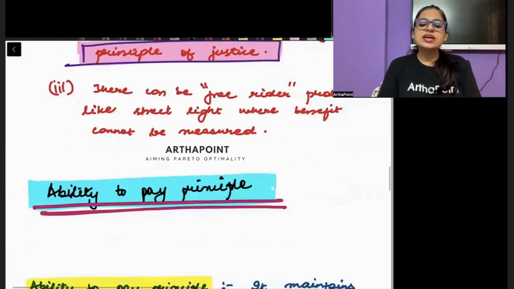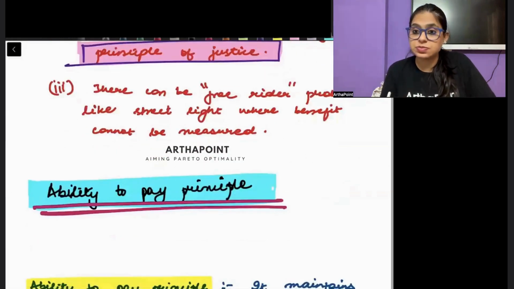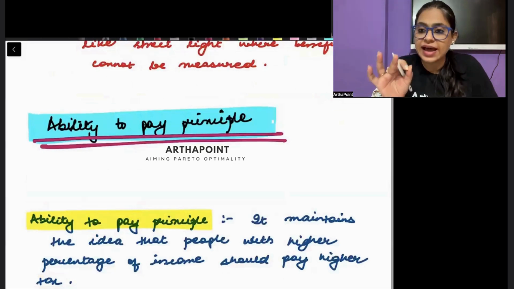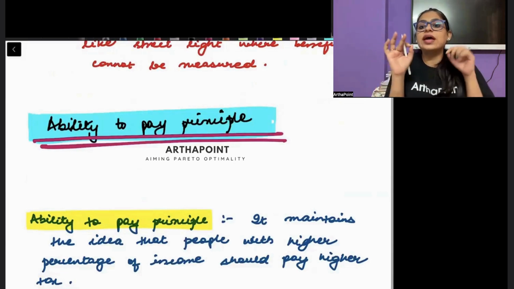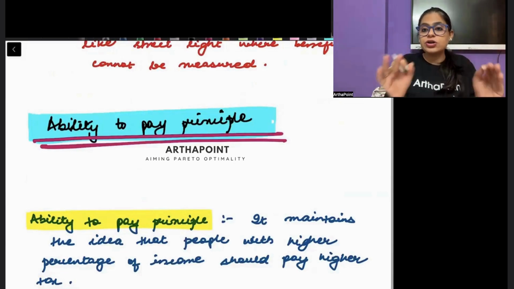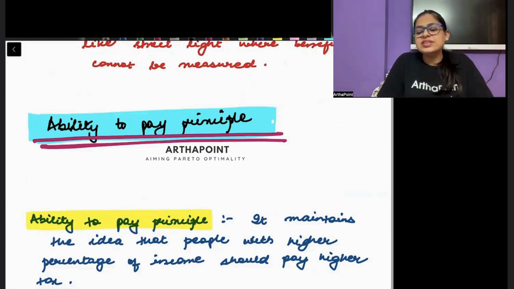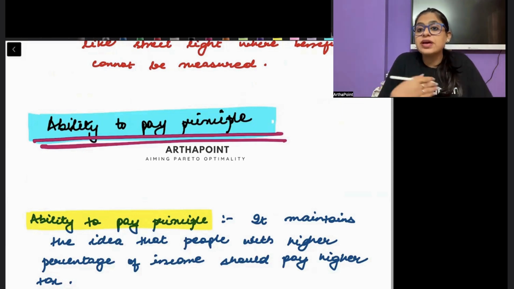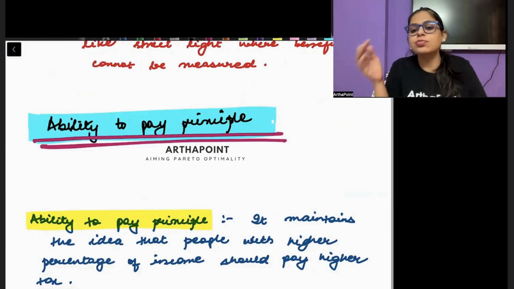Okay. The second thing that we must focus on now is called the ability to pay principle, where each individual pays a tax according to their ability, not according to the benefit they derive, but according to their ability. So in this case, what we say is because a rich person is capable of paying more tax, he should be paying more tax as compared to a poor person.